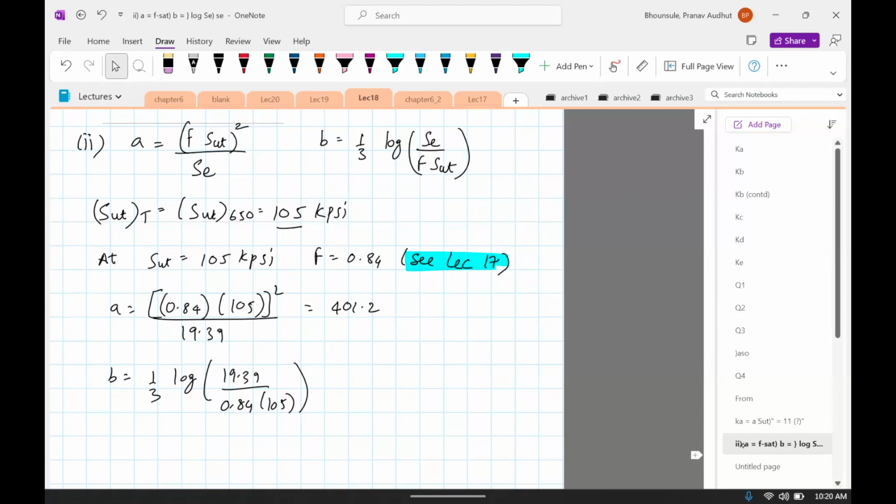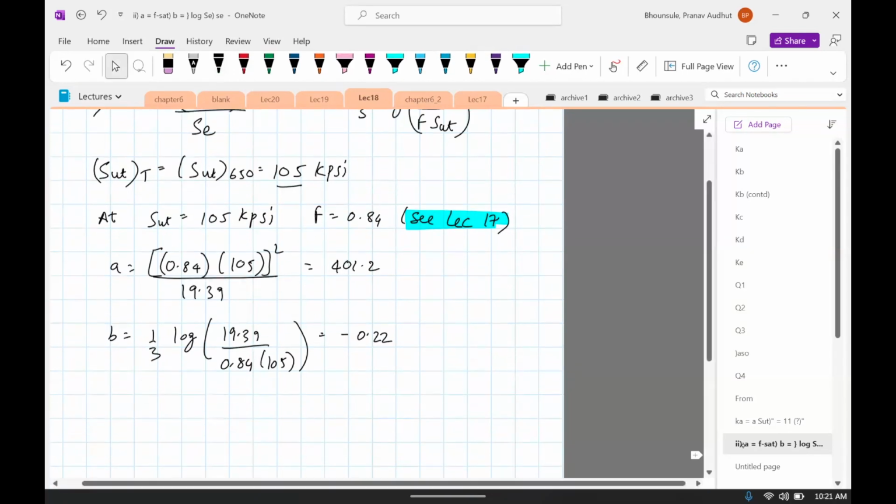So the log of 19.39 divided by 0.84 times 105, which is minus 0.65. Oh, divided by 3. I forgot that. So B is minus 0.22.